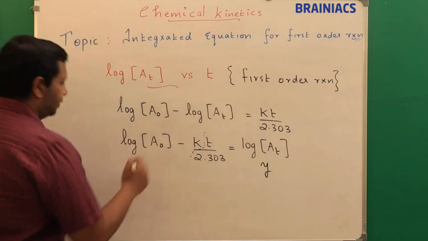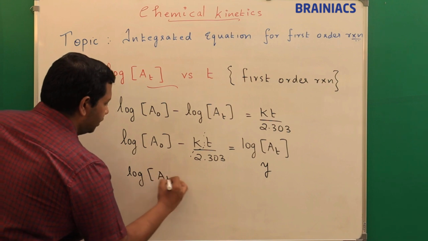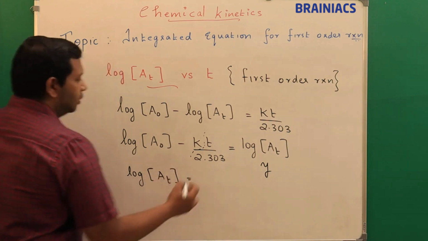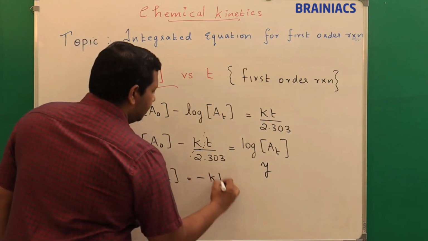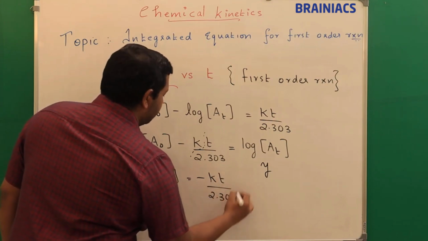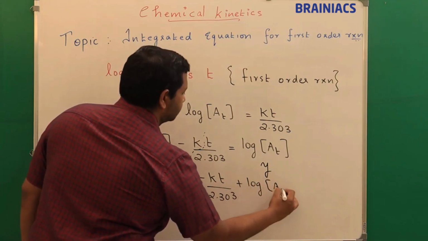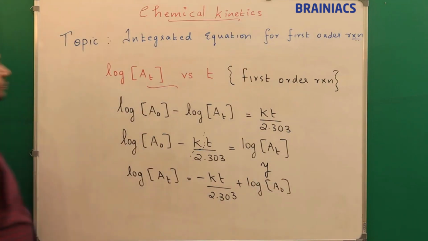So I can rewrite this as log concentration of at is equal to minus kt by 2.303 plus log a naught. Correct?